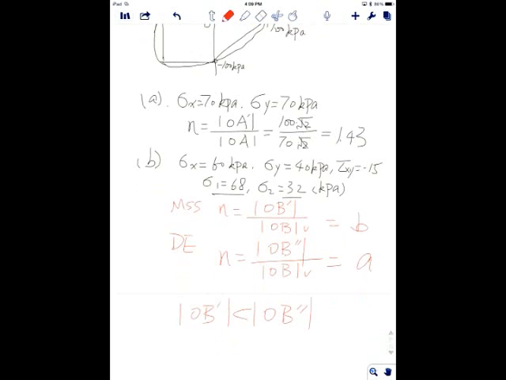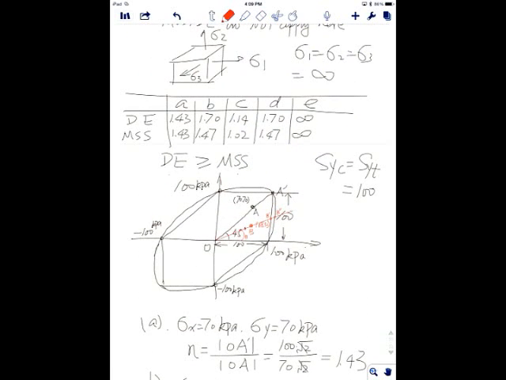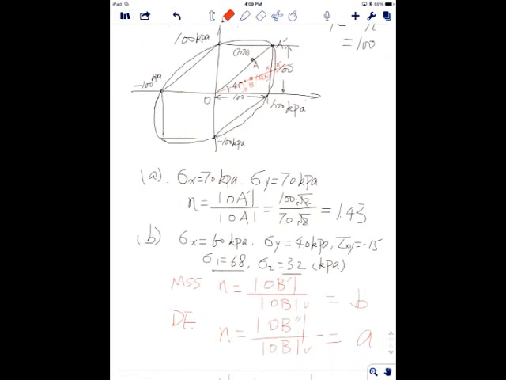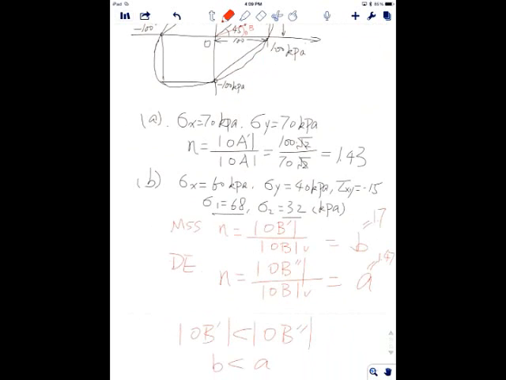Let me write it this way. Okay, so let's see whether it's true or not. 1.7, 1.47. Of course, 1.7 is bigger, right? All right, checked.